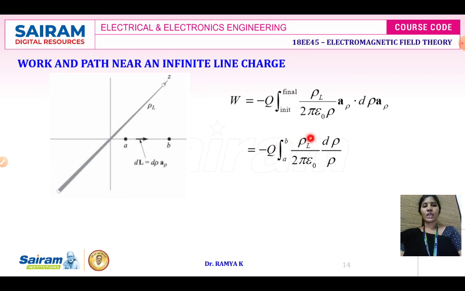So b to a, rho L divided by 2 pi epsilon, d rho divided by rho. After solving, we get the answer minus q rho L divided by 2 pi epsilon ln of b divided by a. This is the work and path near an infinite line charge.